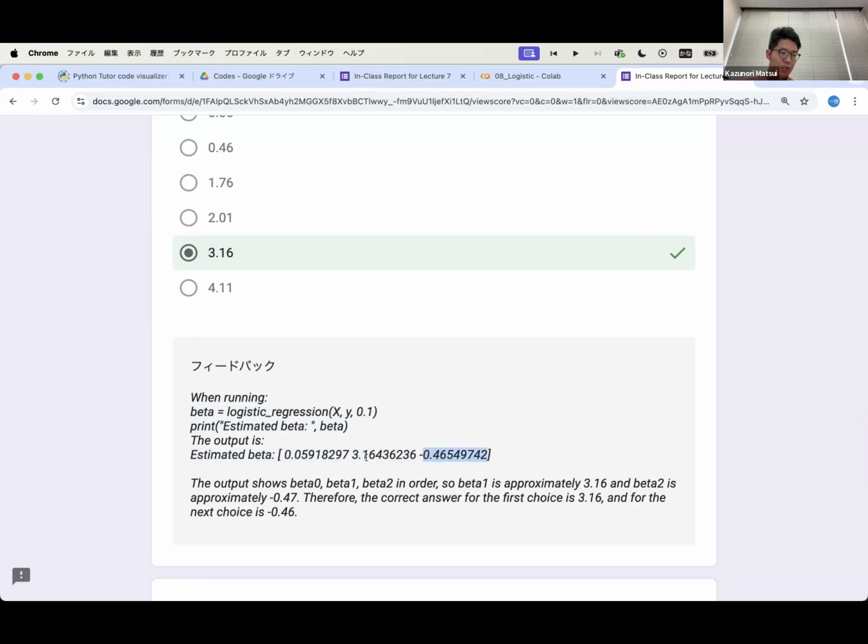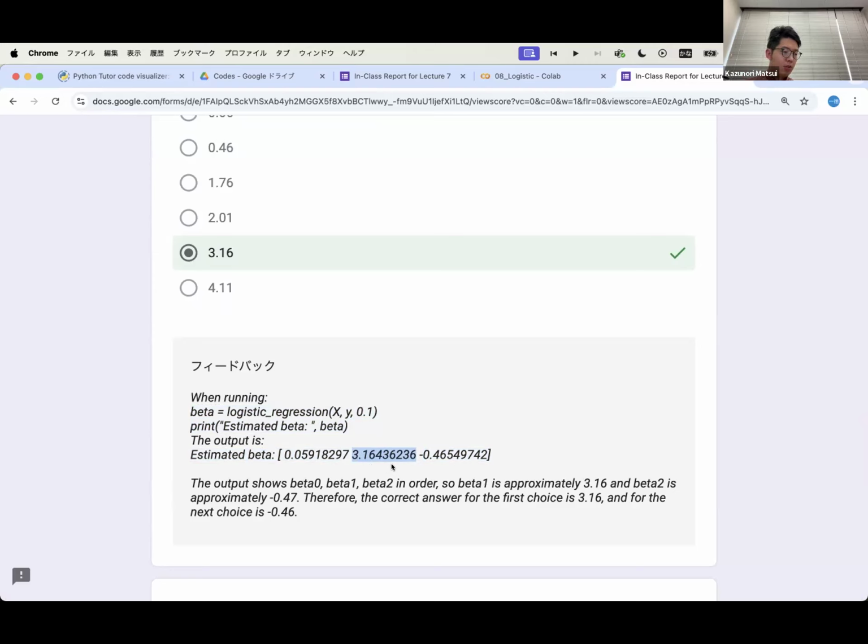Choose the value closest to the coefficient of beta 1 for the first explanatory variable. So beta 1 is 3.1643, and so on. So beta 1 is approximately 3.16.